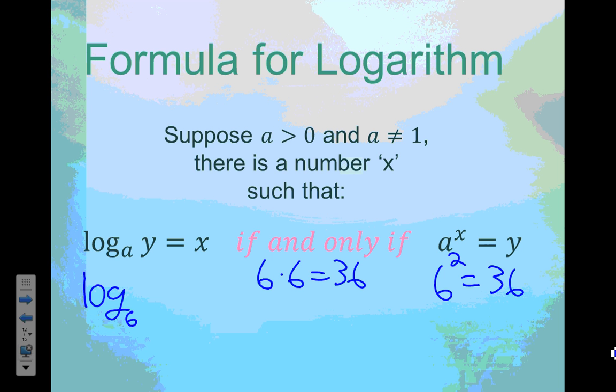What are you trying to get? 6 raised to what power gives me 36? So you say log base 6 of 36 is equal to 2. As you see over here, here's my a, and my a is over here. So in this case, my a is 6, my y is 36, and my x is 2.